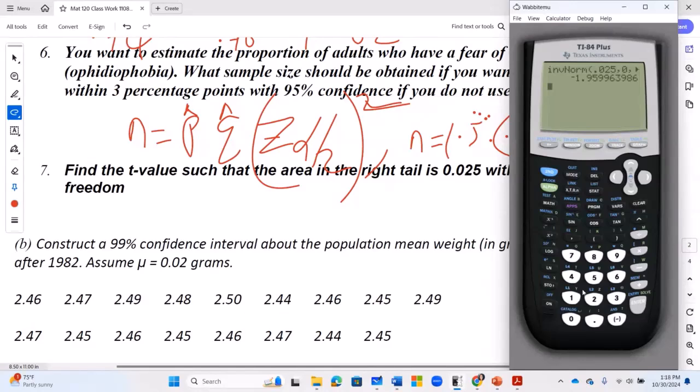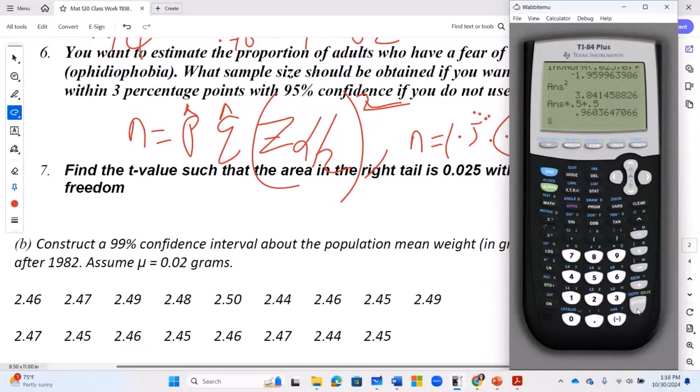And then I got to square it. If I square this quantity, I have 3.84 and so on. Then I multiply by 0.5 times 0.5, multiply by 0.5, and multiply by 0.5 again.